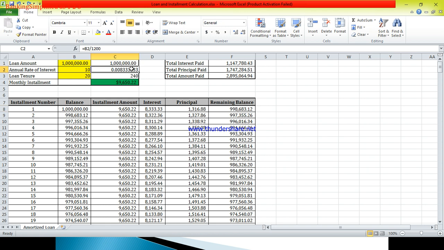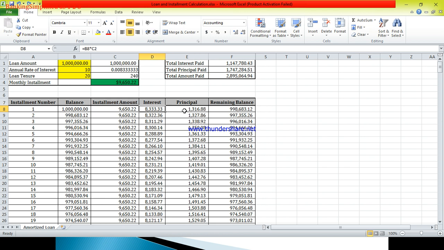My monthly rate of interest is 0.0083. If I do this calculation, A into B, that gives me the interest for the period of 1 month, which comes to 8333.33. So for the first installment I'm paying 9,650 rupees, out of which 8333 is interest.